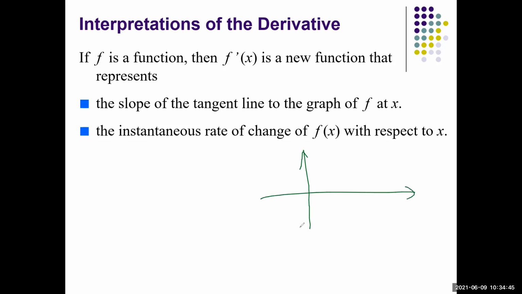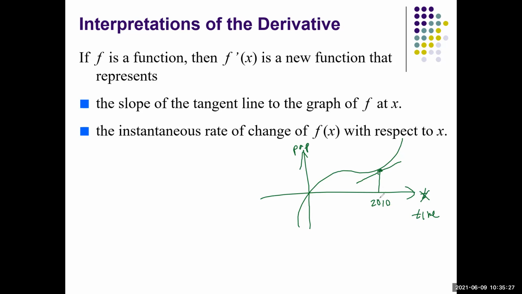So when you have the function go like this, let's say x is time, and if f of x, let's say, is population, then the slope of the tangent line at this point, let's say 2010, if this is the growth of the population, then the slope of the tangent there measures the rate of change of f of x, that really measures the change of the population at the year 2010.